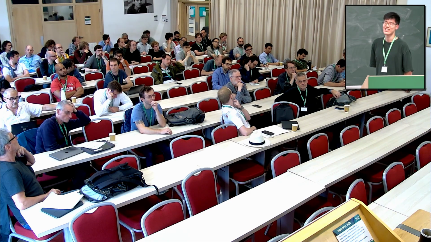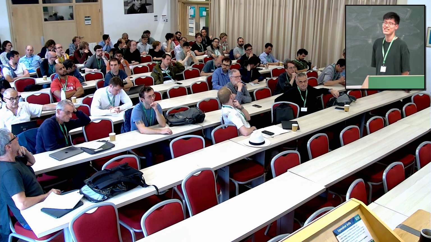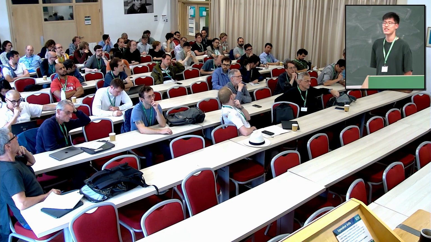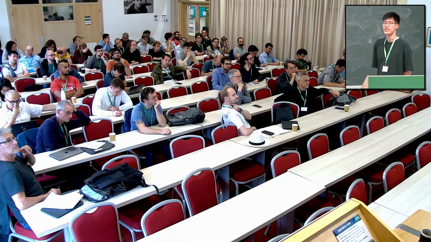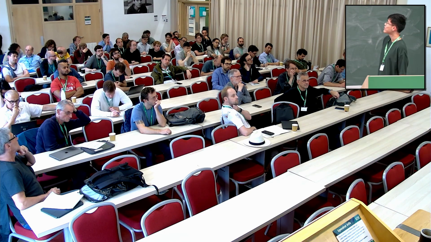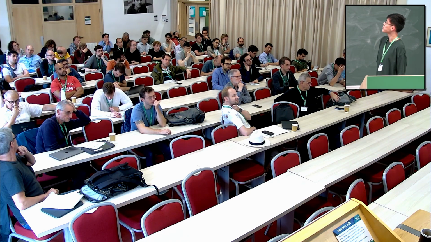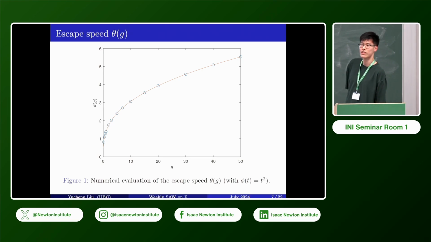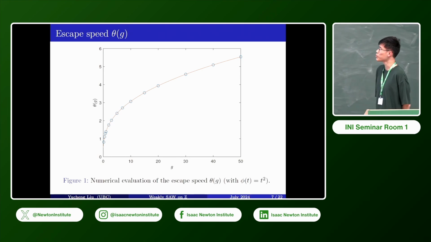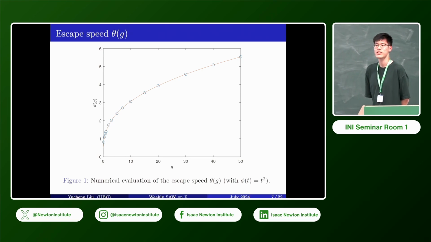Oftentimes, if you want to prove that theta double prime is less than or equal to 0, it amounts to showing that some covariance is non-negative. So you can maybe phrase it that way. I think it's a good question, because we have all the things that we did here, so it could be possible to calculate theta double prime.